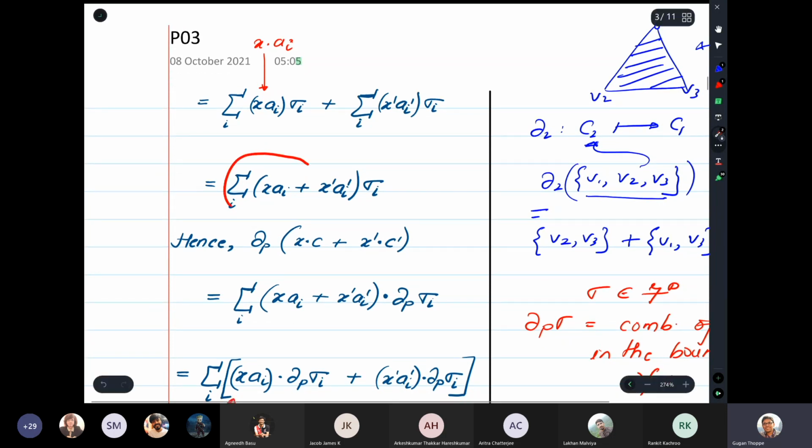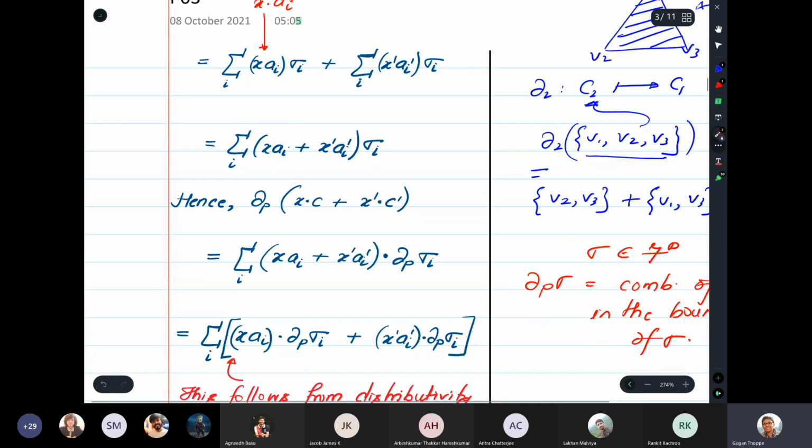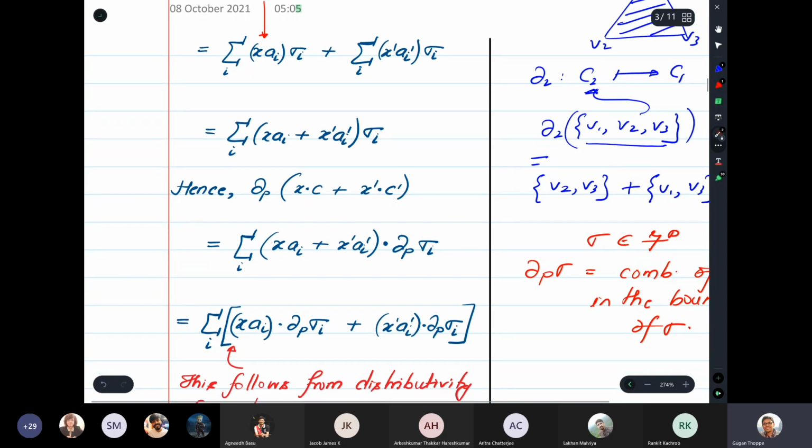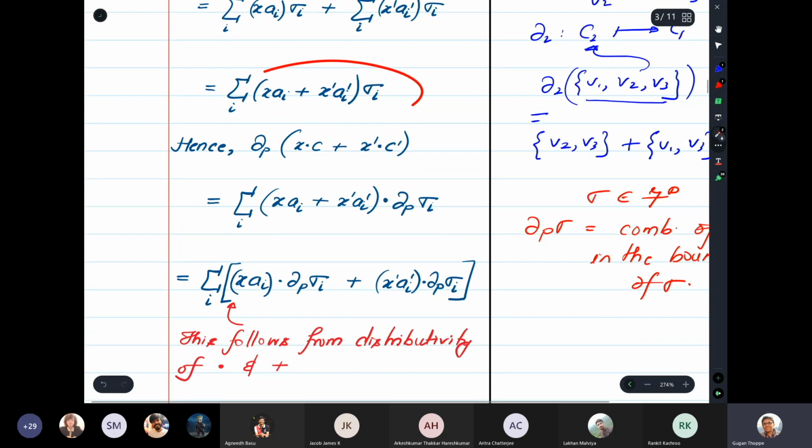For such a p-chain, we know how ∂_p operates, because this can be viewed as a linear combination of the basis p-chains. These σ_i's can be interpreted as the basis p-chains, and for such a generic p-chain, we know how the ∂_p operator works. So we can conclude that ∂_p of (x · c + x' · c') must be ∂_p operated on this, and we know how the output should look.